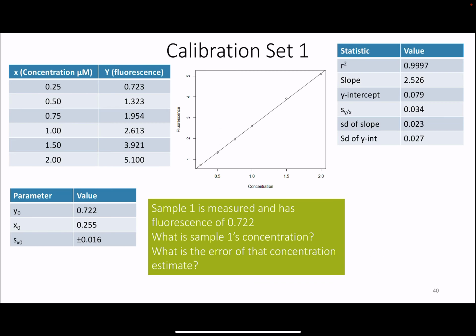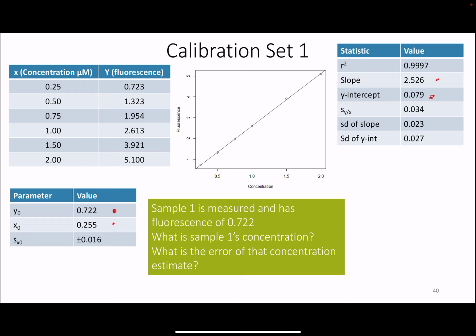Okay, so for example, you've gone out and collected a sample, and this seawater sample is measured, and it has a fluorescence of 0.722. So that's your Y0 value. So you take that, you use your slope and your y-intercept, and you can calculate that the concentration of that sample is 0.255.